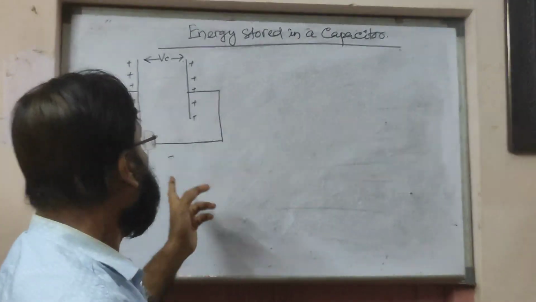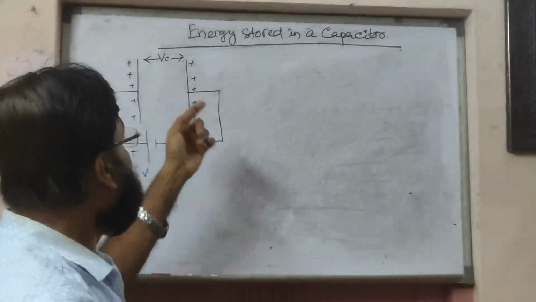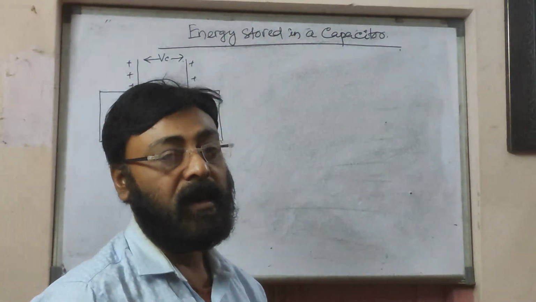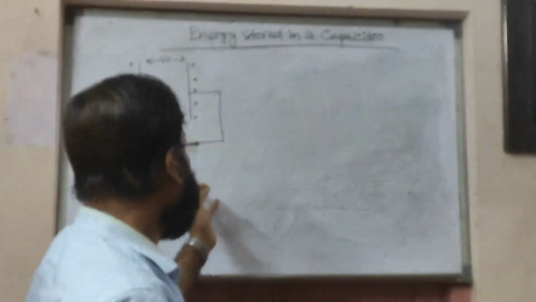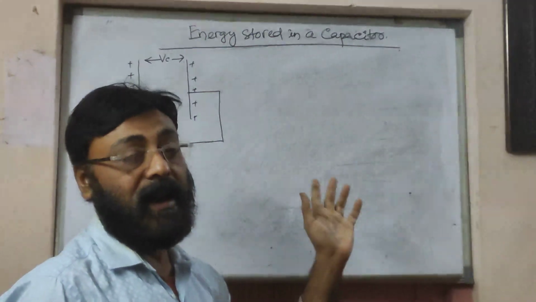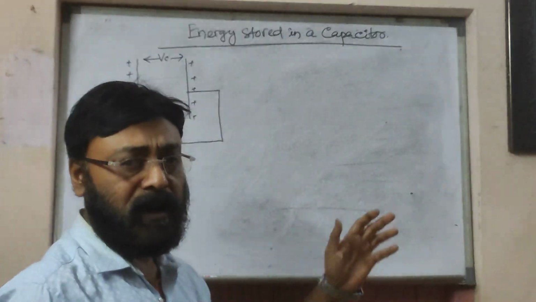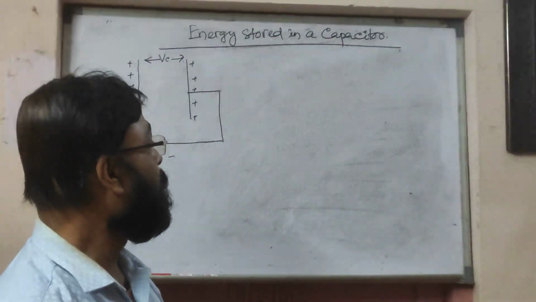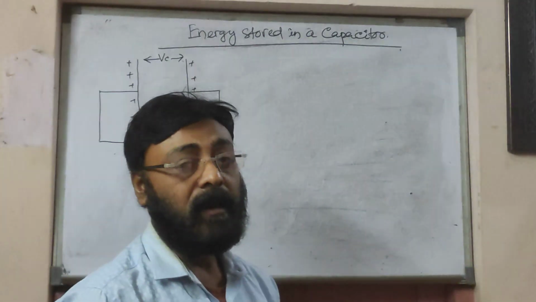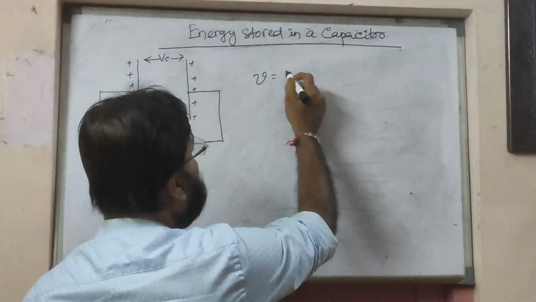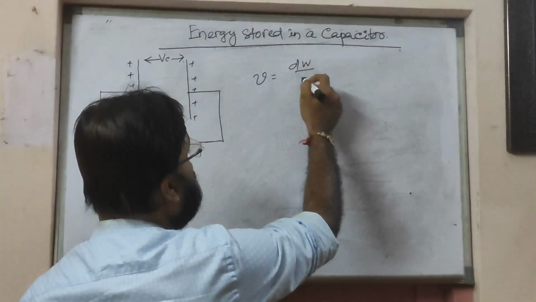As the voltage across the capacitor gradually builds up, it opposes the supply voltage. So the battery has to do the work of the external agency, which is stored in the form of energy in the capacitor. Now, we know that the potential is given by dW by dQ.